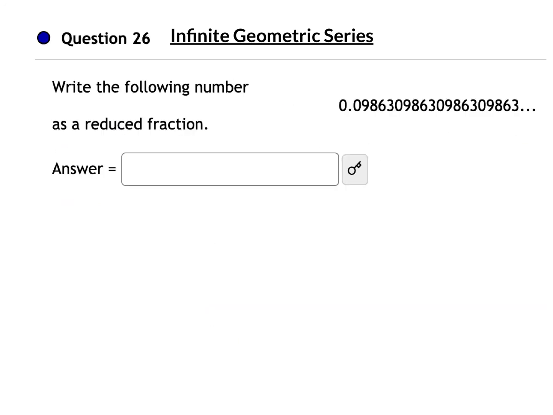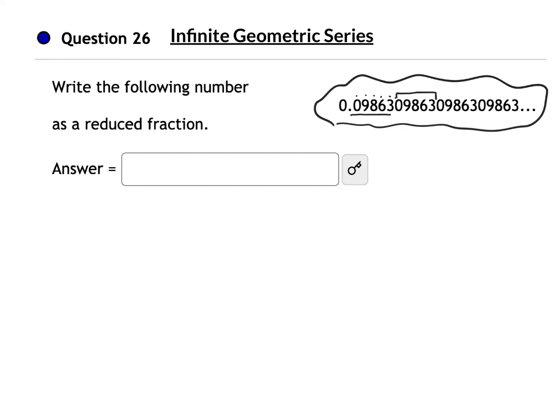Question 26. I don't really want to write this as a geometric series. I'm just going to use my technique of multiplying both sides by a power of 10. I need to figure out how many places repeat. 0.09863, 0.09863. Looks like we have 1, 2, 3, 4, 5 places that repeat.